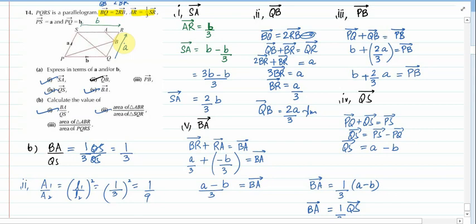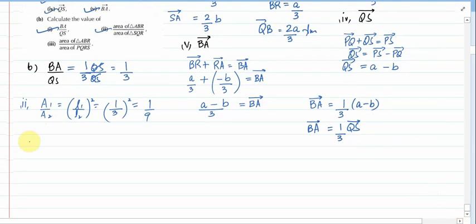Now you need to find out the area of PQS, so you can find out the area of this whole quadrilateral, that is parallelogram. Now we know that it is a parallelogram, so if the area of SQR is 9, that means area of SPQ should also be 9, right?